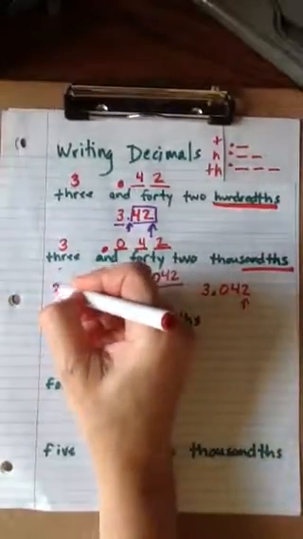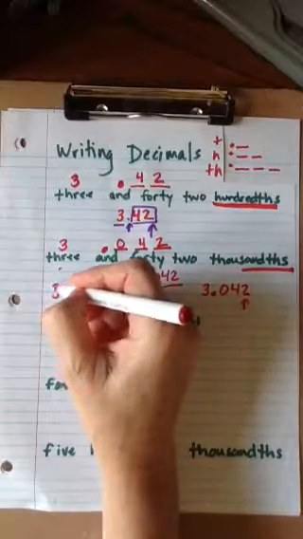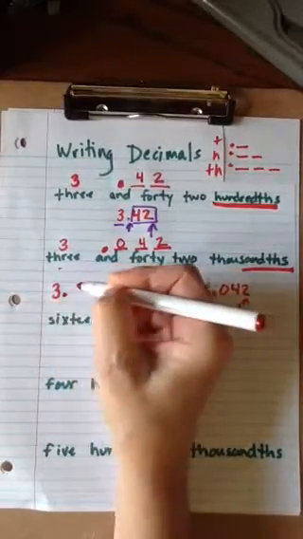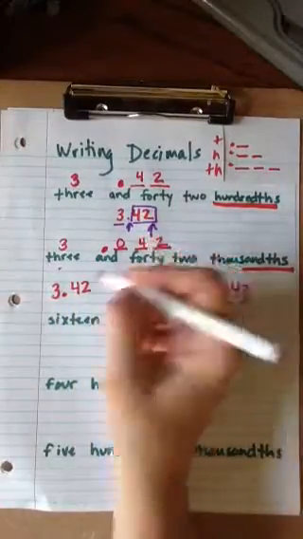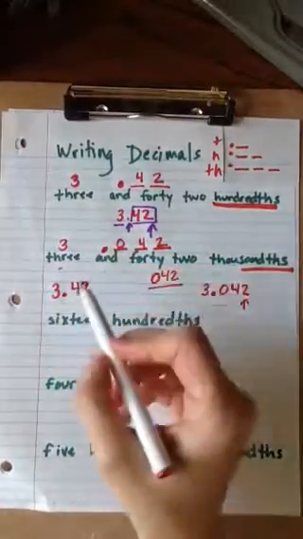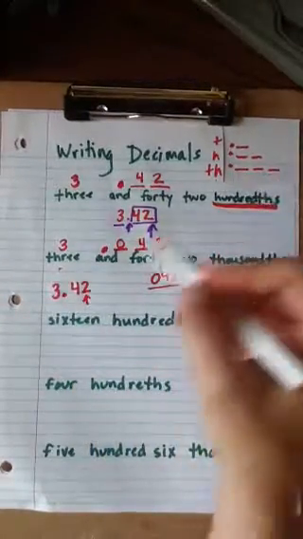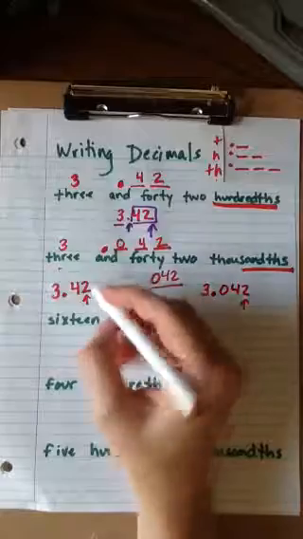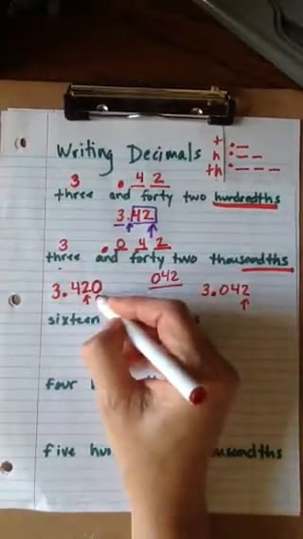So the problem, as you can probably guess, that students get into is they'll say 3 and 42 thousandths. But that doesn't check out because thousandths has to be out here. Thousandths is a really small number. So then sometimes they'll say, oh, okay, no problem. And they'll do that.